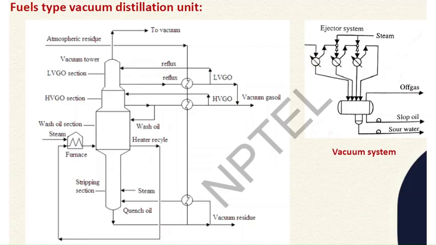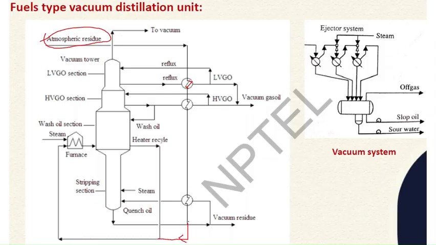this is the atmospheric residue which we get from the atmospheric distillation column. Okay, we get it here, and after exchanging heat with the different side cuts of the vacuum distillation unit, and also extracting some amount of heat from the vacuum residue, it goes here.